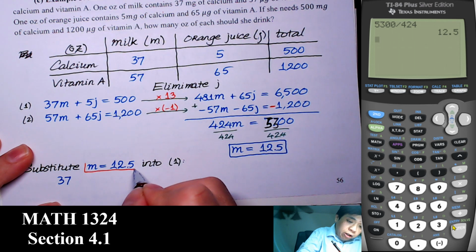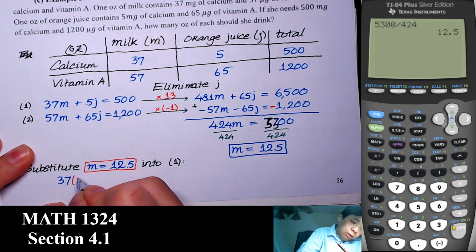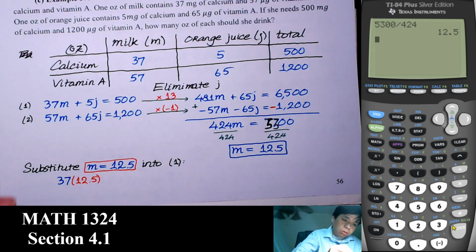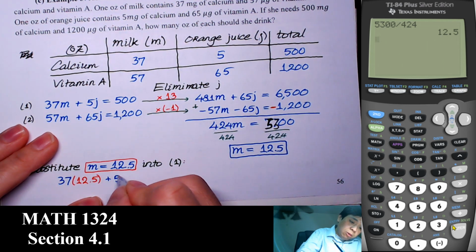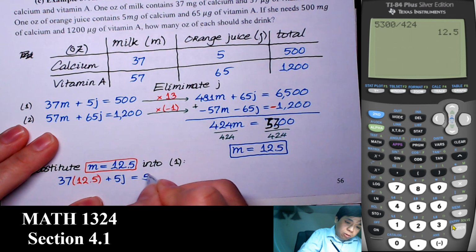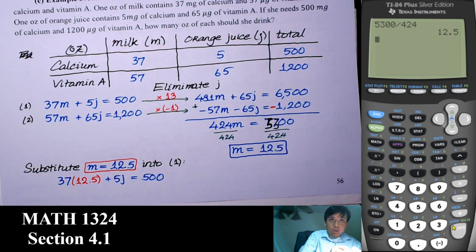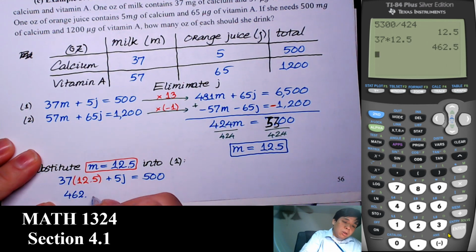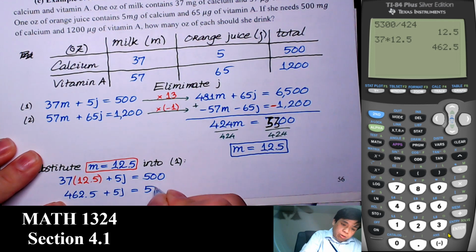I'll multiply that out. It gives us 462.5 plus 5j equal to 500.